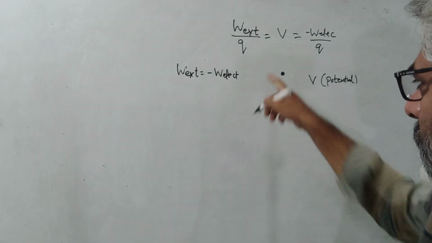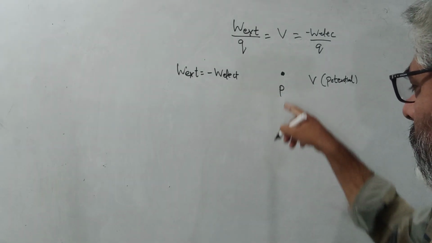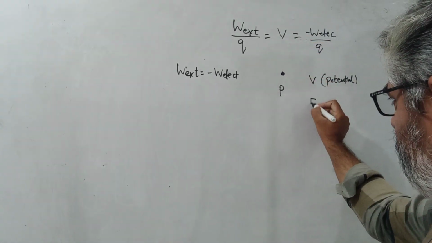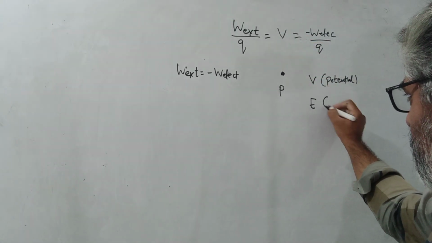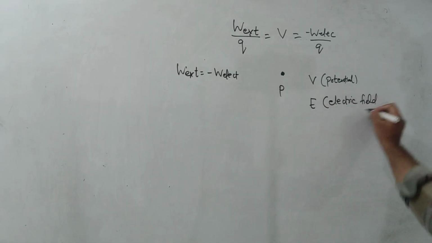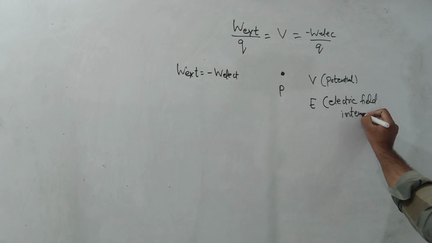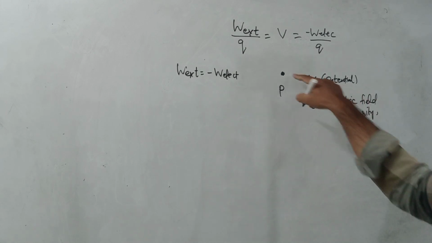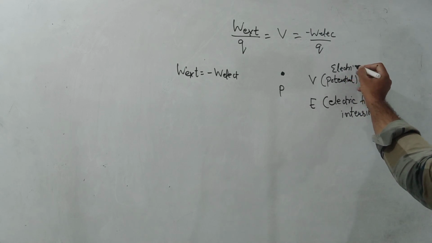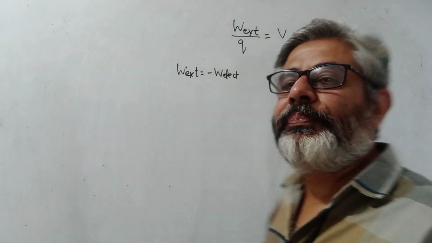Now suppose I want to find the relation between the electric field intensity at point P and the electric potential. When I am saying potential, be careful, it is electric potential, not gravitational potential.